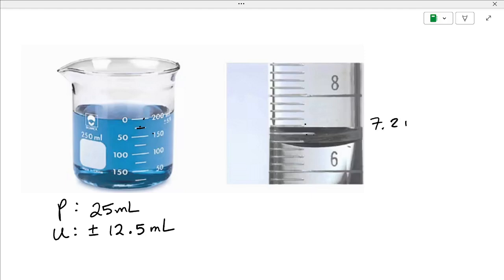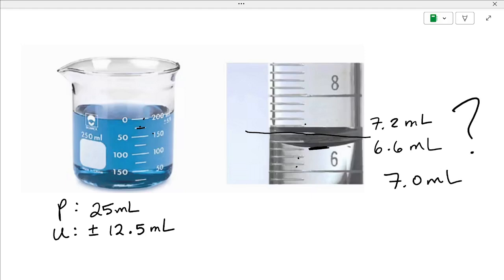7.2 milliliters. And then somebody else might go, no, I'm going to use the bottom here and say that this is 6.2, 6.4, 6.6 milliliters. And somebody else might come along and go, no, I'm going to pick the middle, which is, I guess, 7.0 milliliters. So what's my uncertainty this time?